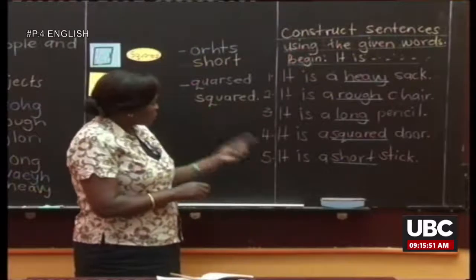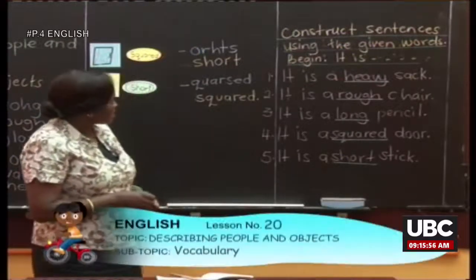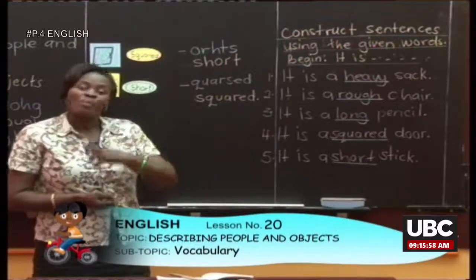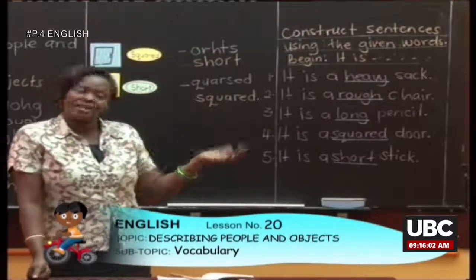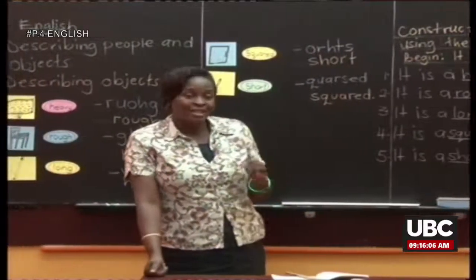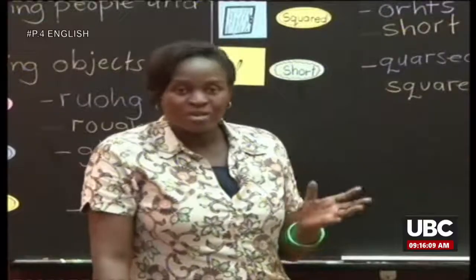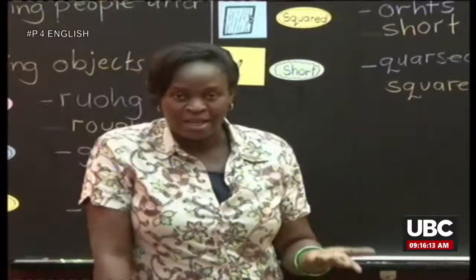Now children, after constructing these good sentences, you will be able to describe more objects on your own. Look in your classes. Can you describe those objects in your class? The blackboard, the teacher's table, your books, and so on. Go home. Can you describe those objects at home?